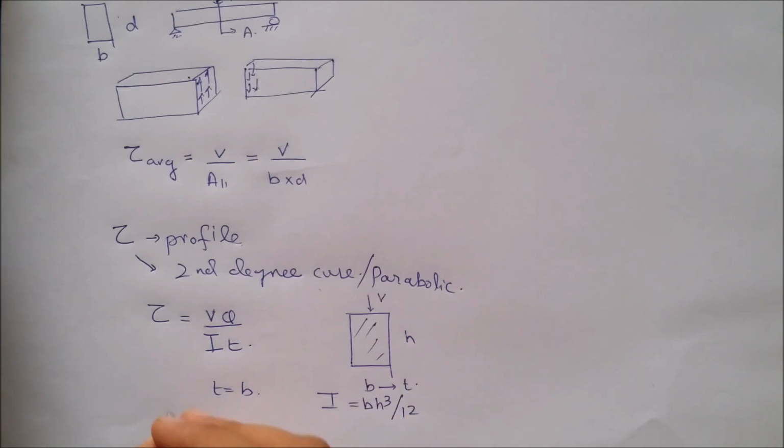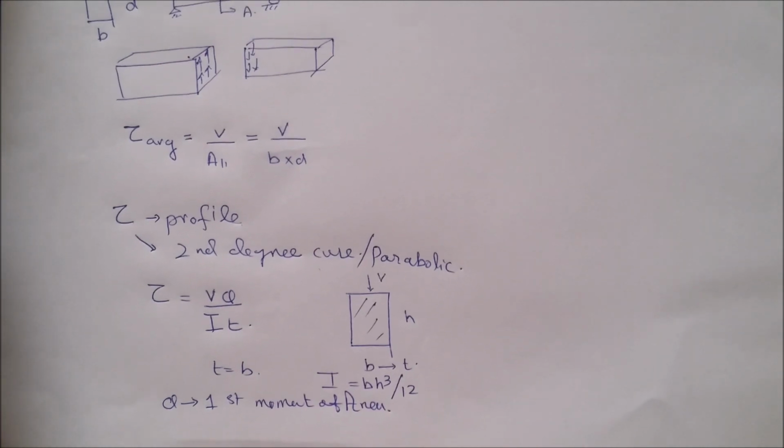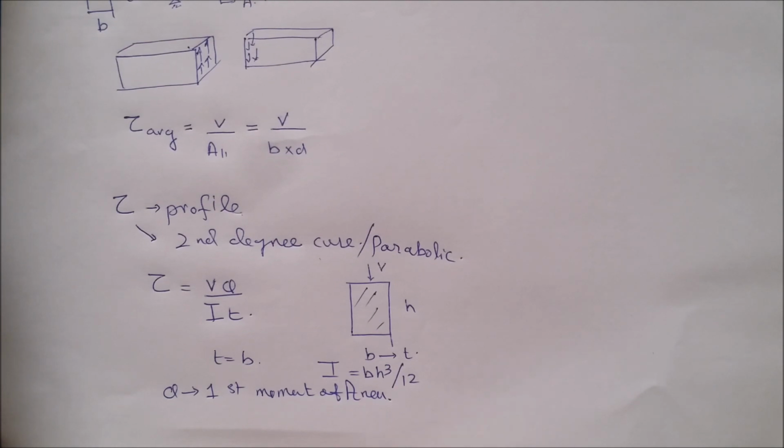and Q is the first moment of area that will be discussed in detail in the example in next videos. Q is basically variable for a cross section.